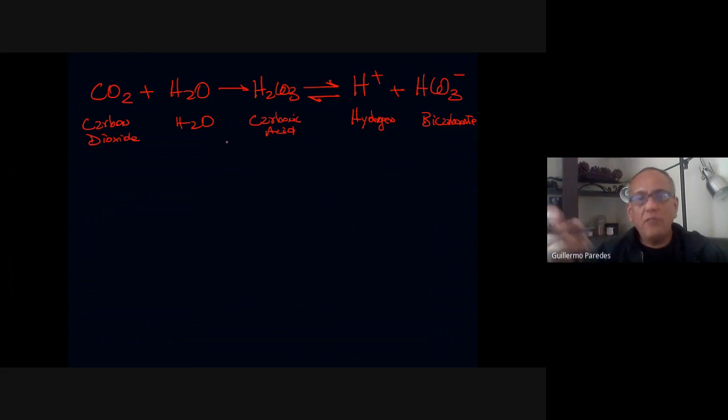It's because you are blowing in carbon dioxide, and this carbon dioxide is going to combine with the water and produce these elements. Okay? This hydrogen, I'm going to make it very clear here, hydrogen is very acid. And this bicarbonate is going to be very alkaline. So we will see that in a few moments.